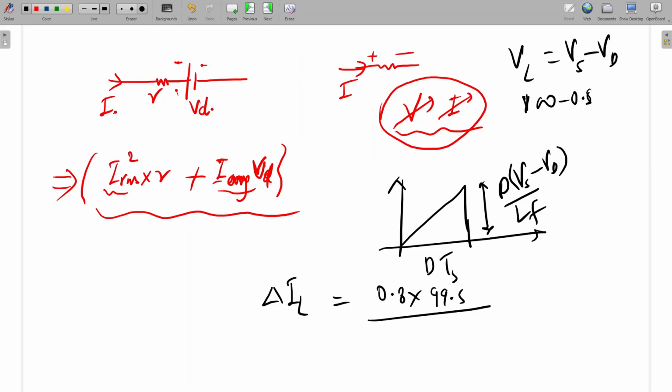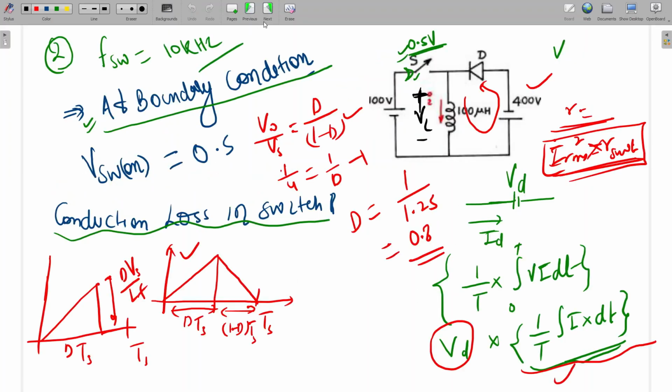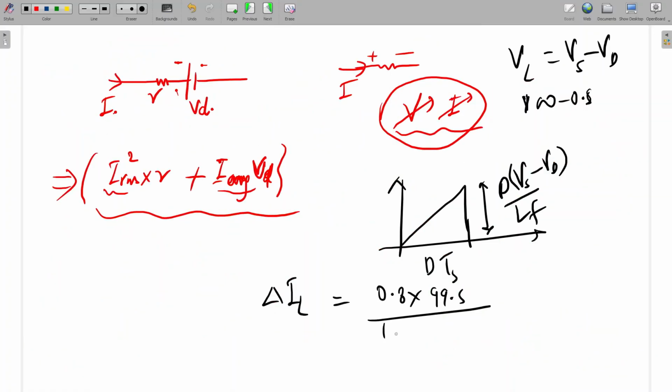L is 100 micro, frequency 10 kilohertz. So delta IL is 0.8 into 99.5, which is 79.6 amp.